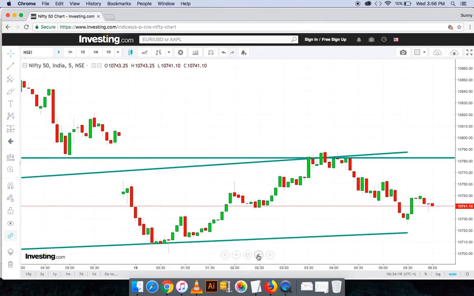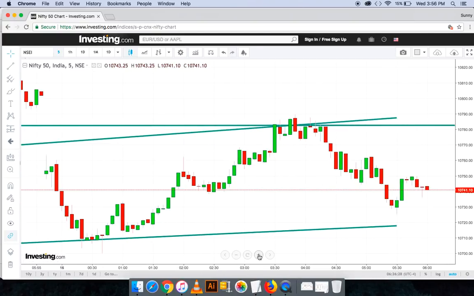In this case, it was a very strong resistance level, and you can see how well it respected it. It took resistance here and price again came down. So this area would have been our second good trade setup for the day.